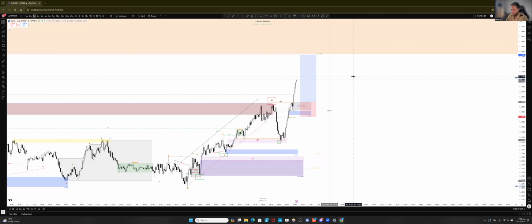Okay, so we've placed our limit. Let's see if price comes into our zone.